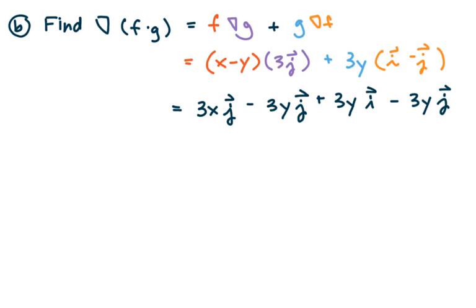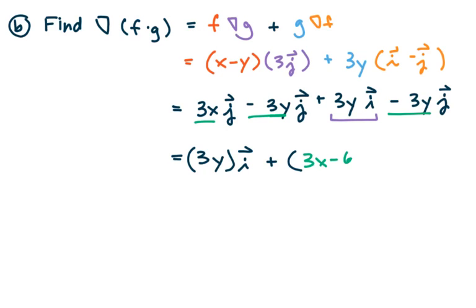Combining my i's and j's, I only have one i term, so I have 3y i, plus my j coefficients are 3x minus 3y minus 3y. So I've got 3x minus 6y j.